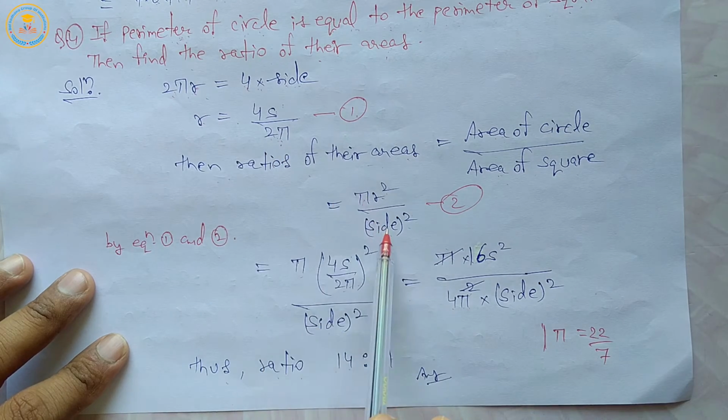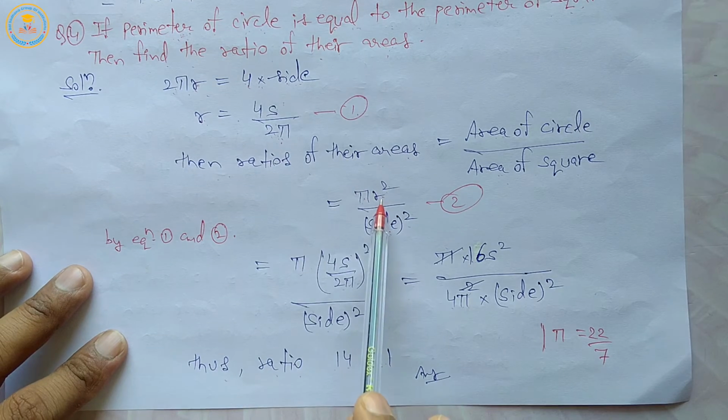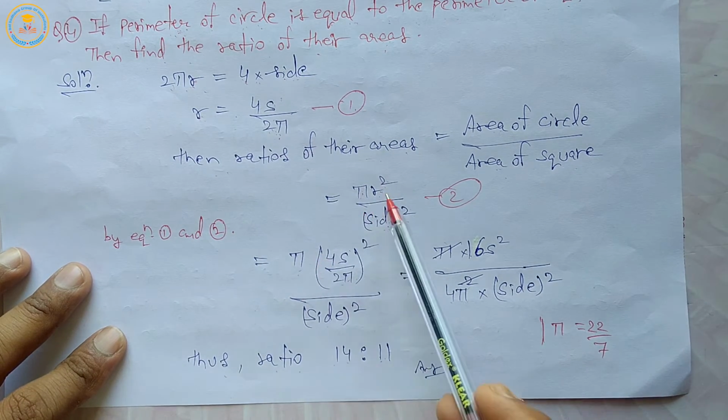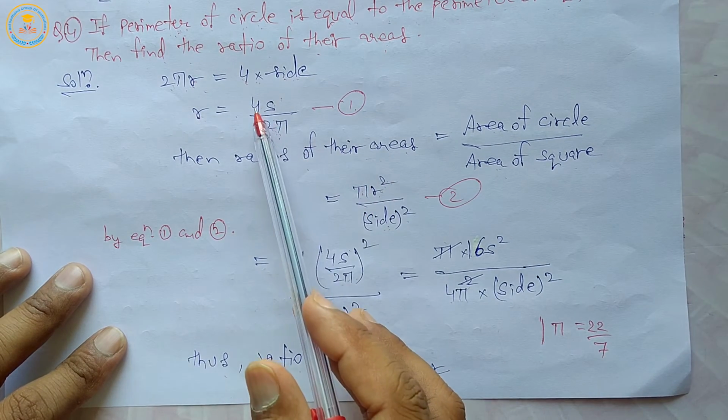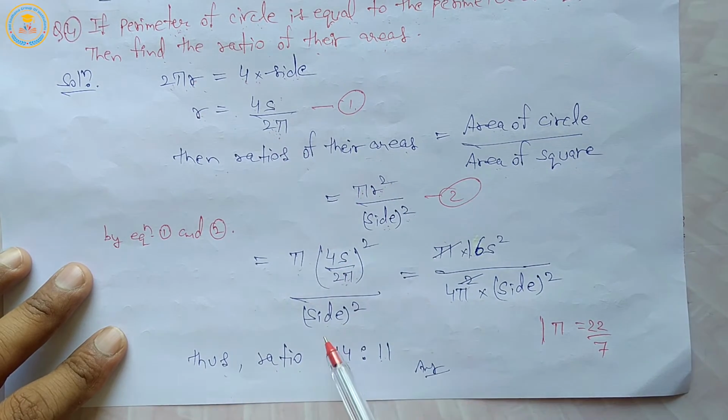By equation first and second, put r equals 4s upon 2 pi in equation second. Pi as it is, r square means 4s upon 2 pi whole square, upon side square.